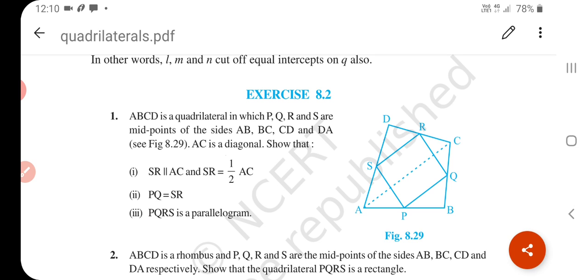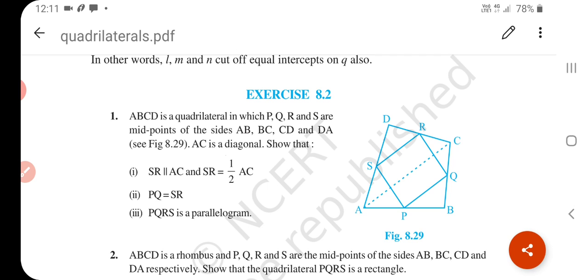ABCD is a quadrilateral in which P, Q, R and S are the midpoints of the sides AB, BC, CD and DA. AC is the diagonal, show that. First of all, you have to shortlist what is given. Okay, if you know what is given, then you can easily solve the problem.